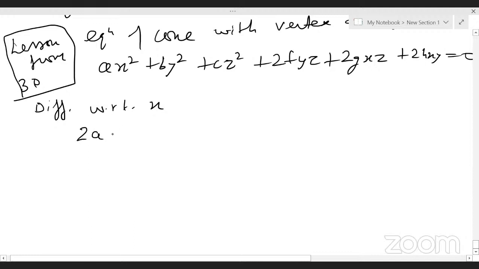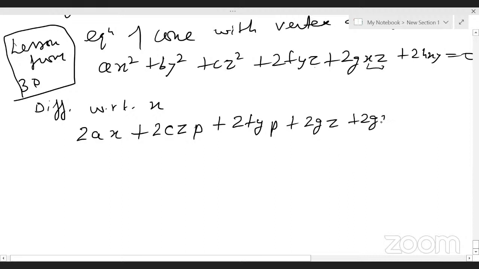So you will get 2ax plus 2cz into del z by del x, that is p, plus 2fy del z by del x, p, plus 2g, here the product rule will apply, right? 2g z plus 2gx del z by del x, which is p, plus 2hy is equal to 0.